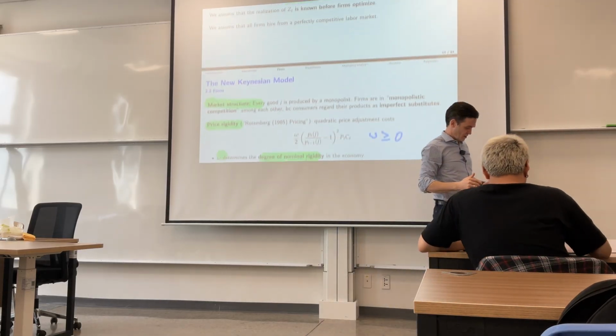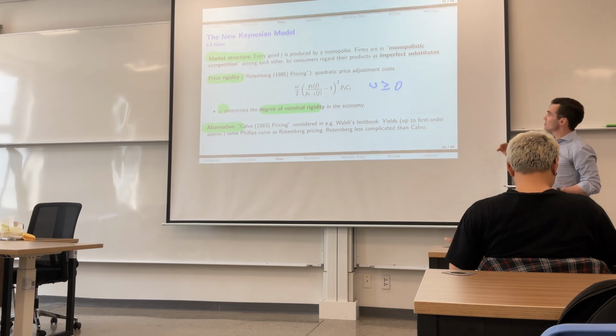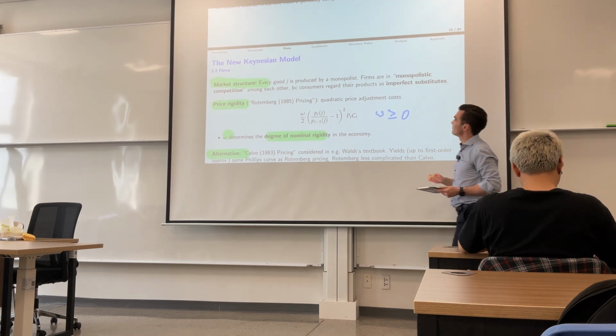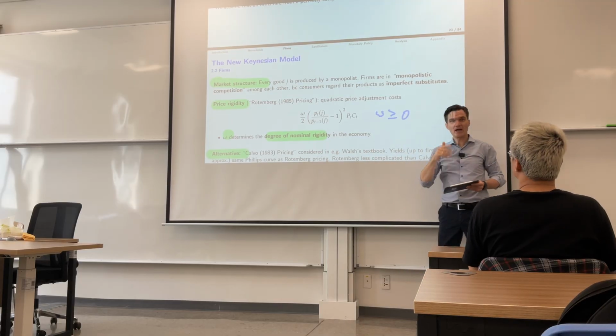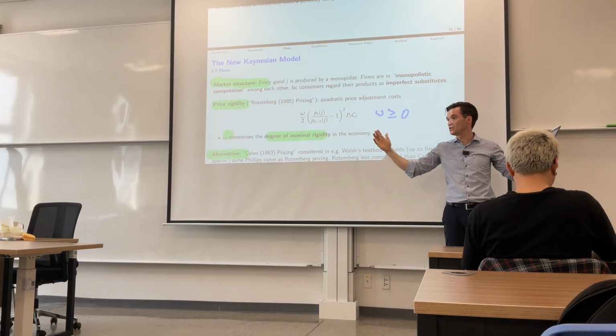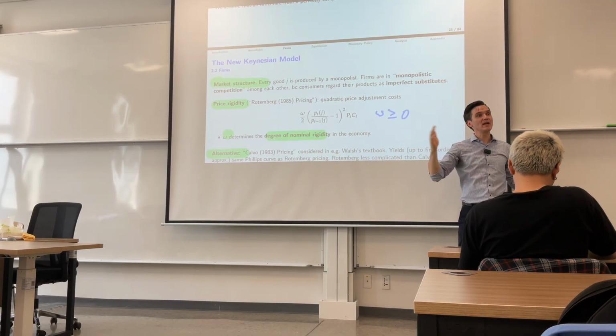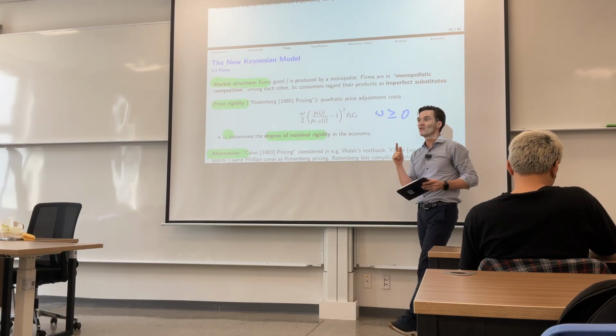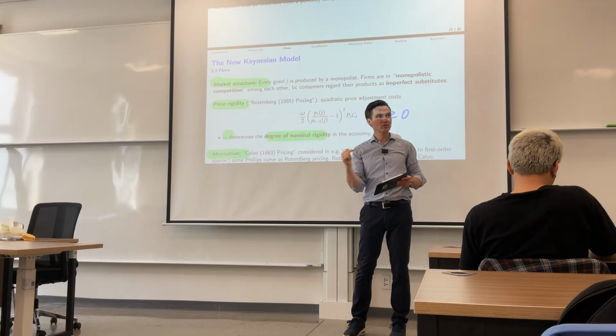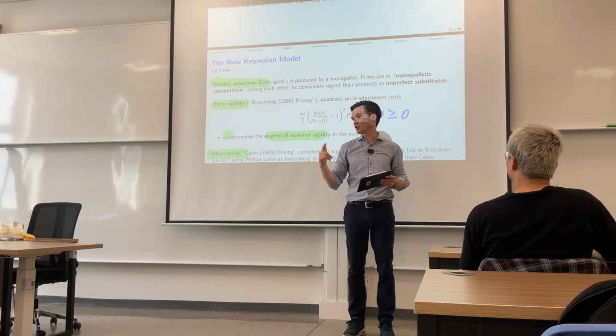Okay. And then in terms of the market structure, each good J is produced by a monopolist. And so we have an infinite amount of goods J, and each good J is produced by a monopolist. There's exactly one producer of exactly a red tomato. And then there's another producer of a red tomato that has a shade of yellow.